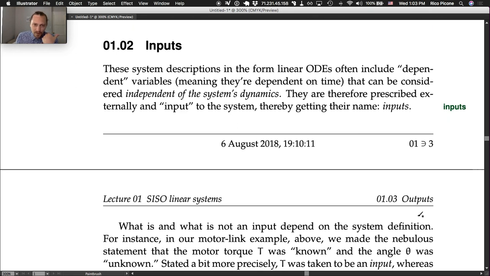These system descriptions often include dependent variables that can be considered independent of the system's dynamics. They're dependent on time, so they change with time, but we're going to say they're independent of what happens in the system. They are therefore prescribed externally and, quote, input to the system, thereby getting their name inputs. So this is the definition of an input.